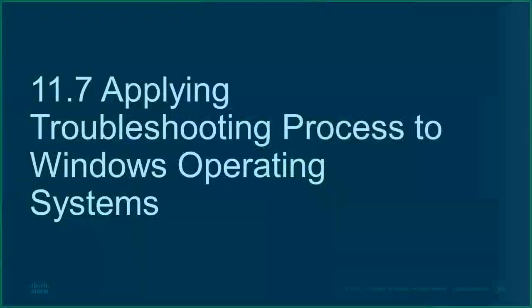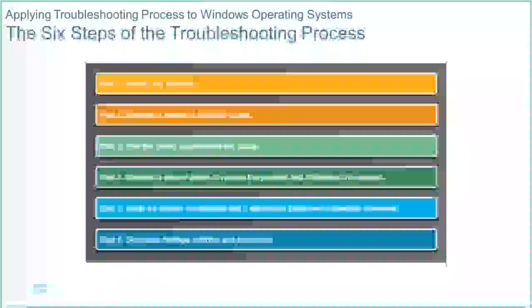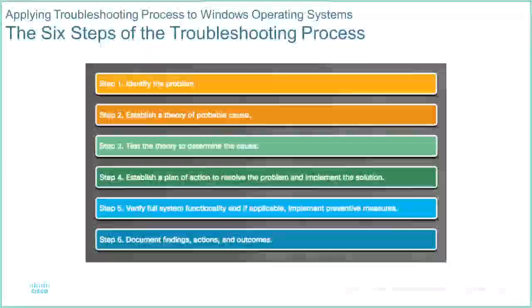Okay, last section. You've seen this before, so I'm not going to spend a great deal of time. Just be aware of the 6 steps of troubleshooting. No, there's only a couple more slides. So we've all done the 6 steps before. I would suggest you might want to put a notation somewhere about these.